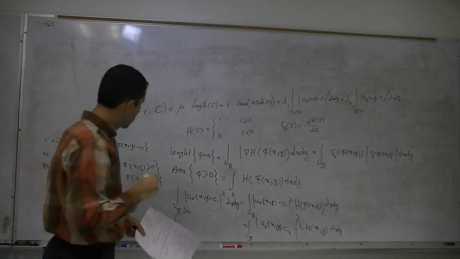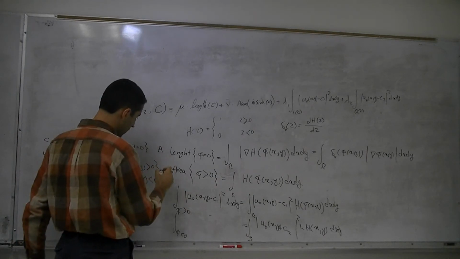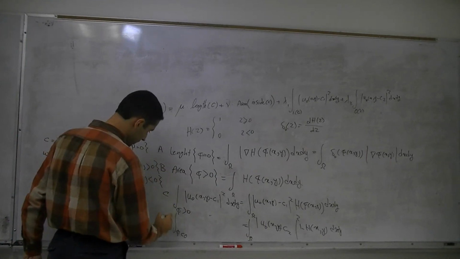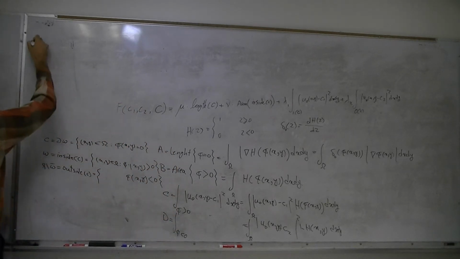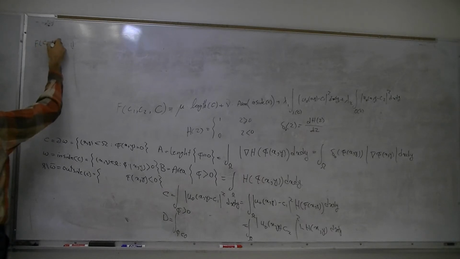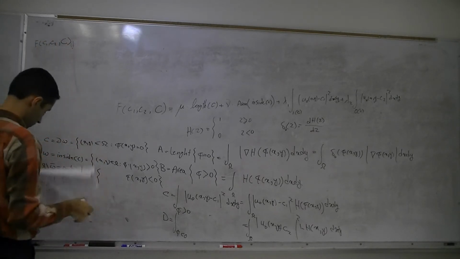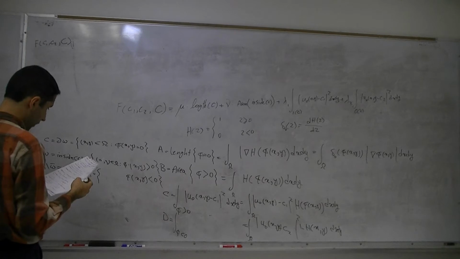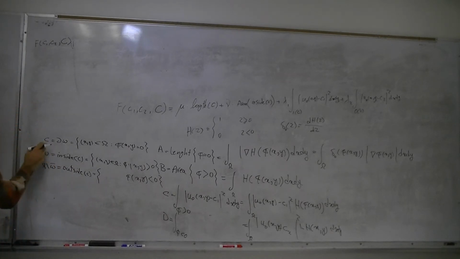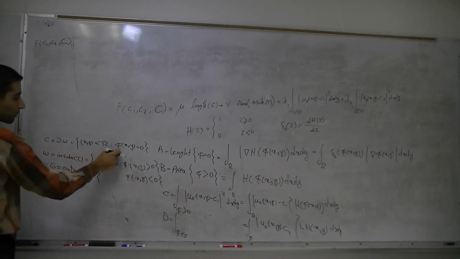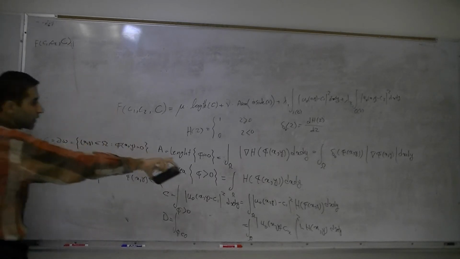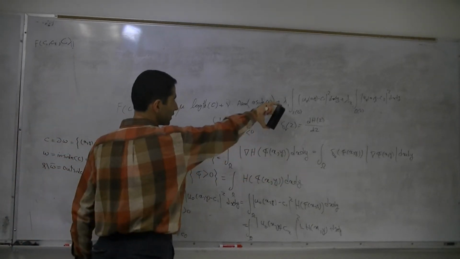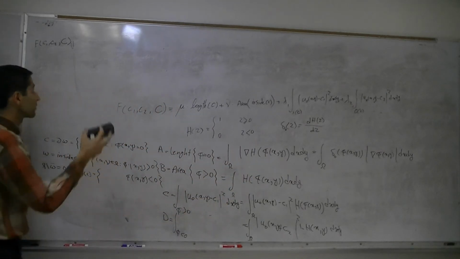If I call these big A, B, C, and D, the function F of c1, c2, and the curve, where we use the function phi to represent the curve, and both of them are numbers, because here we replace everything instead of the C with phi of x, y.